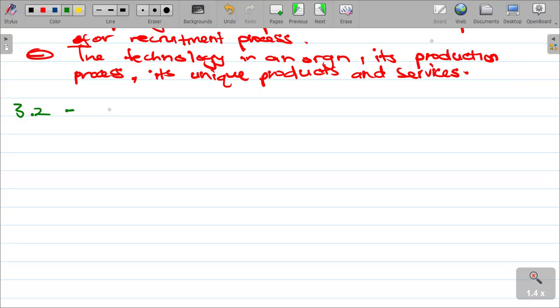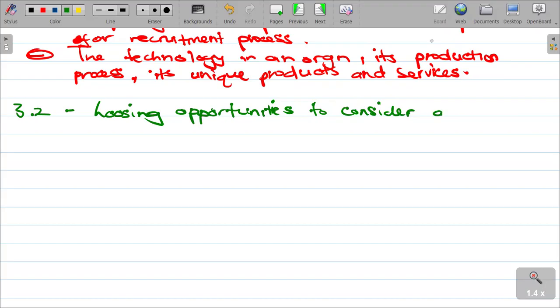Sometimes it might be that they don't want to lose the opportunity to consider good candidates from outside, or good applicants from outside the organization.